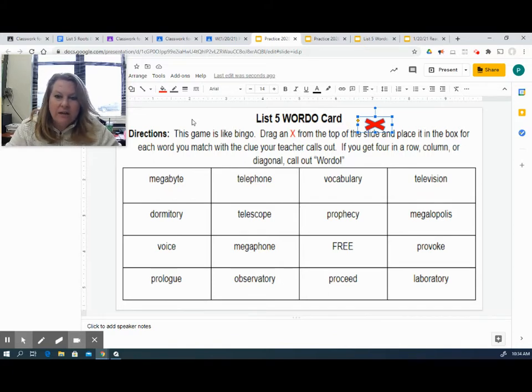And then you're going to look at your card and see if there are any words that have that root or affix in it, and you should have 3 on your card that have this root or affix. You're going to drag that X to cover those. So you're looking for words that have the root that means sound, word, or call. Go ahead and do that now.